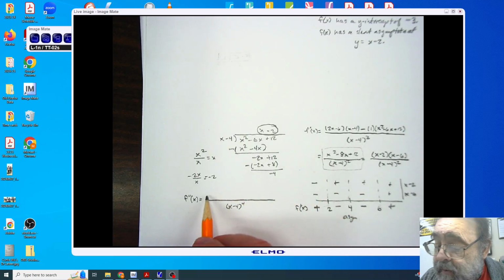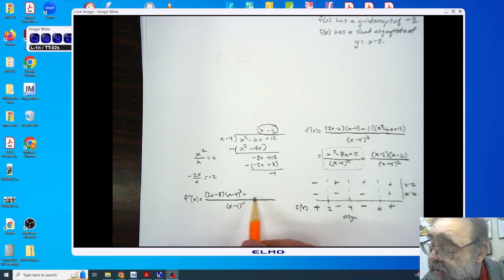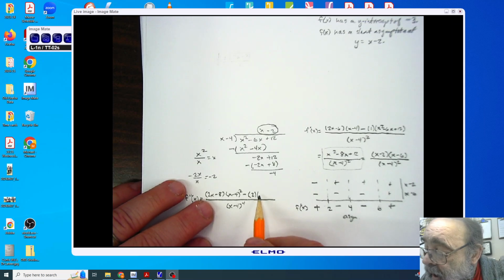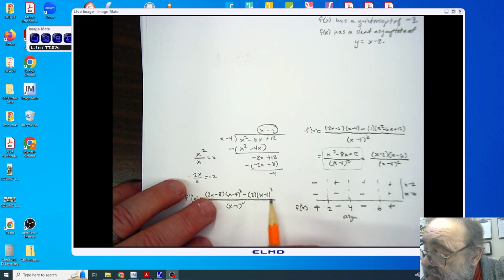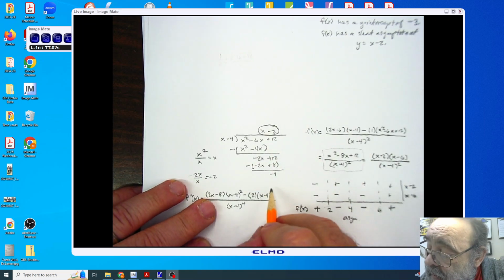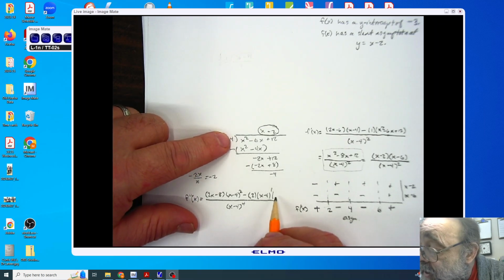So I have 2x minus 8. And then I have this x minus 4, the quantity squared, minus. Then I have 2. I have x minus 4, the quantity to the third power, first power. And then I am multiplying by that entire piece.